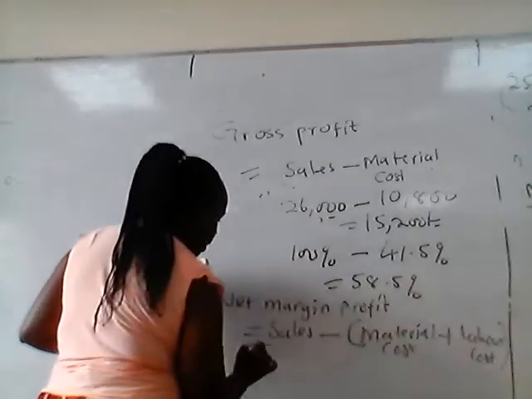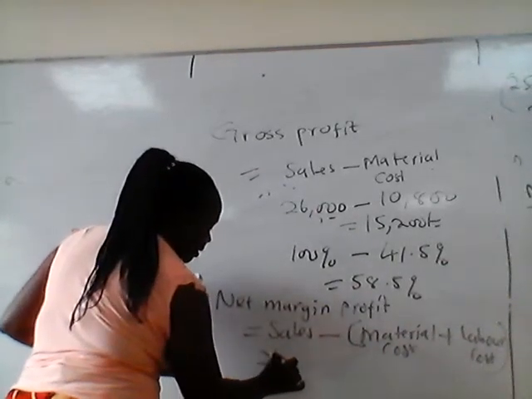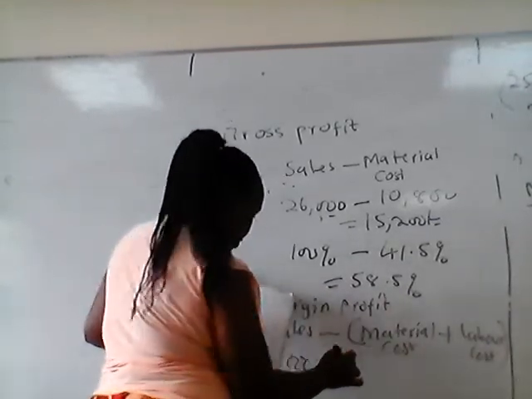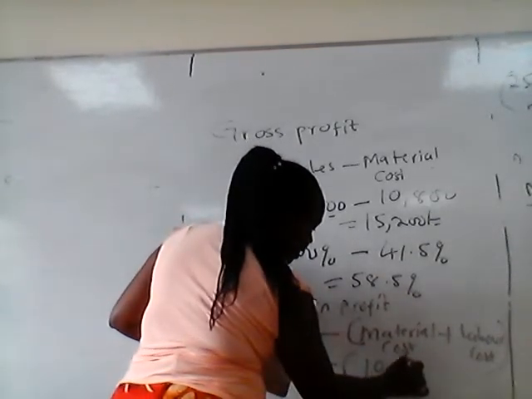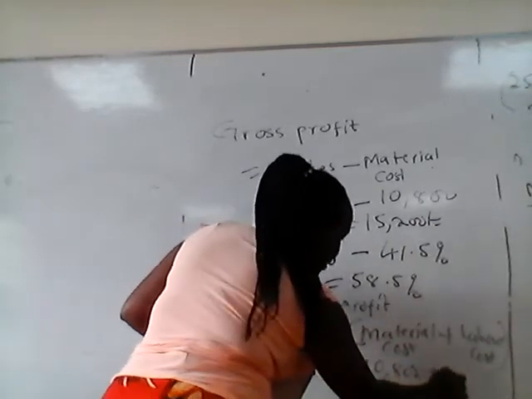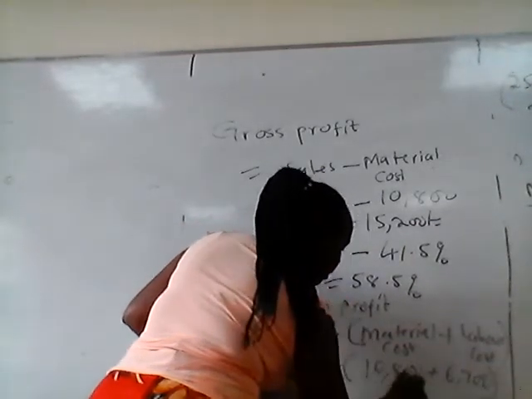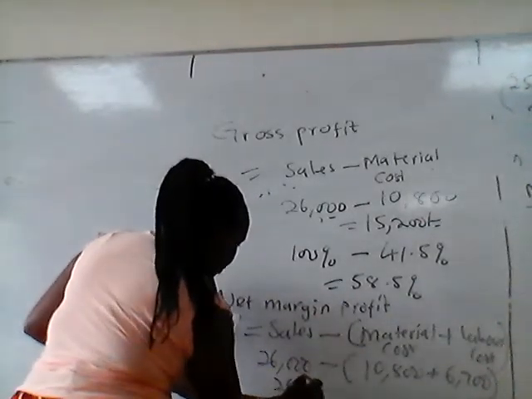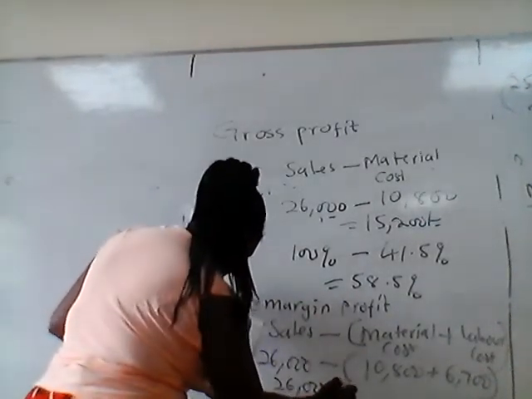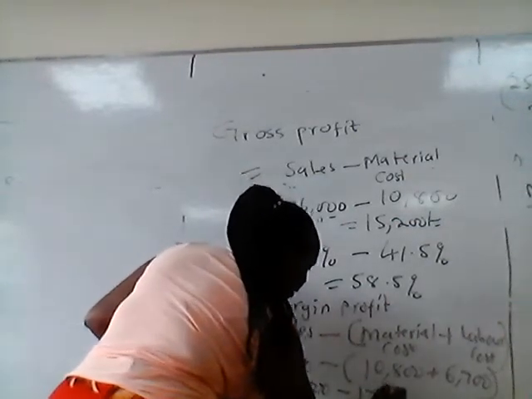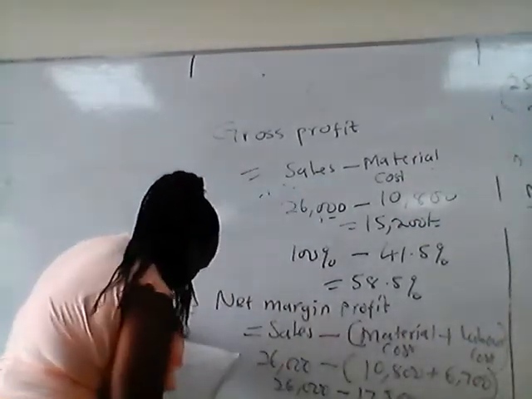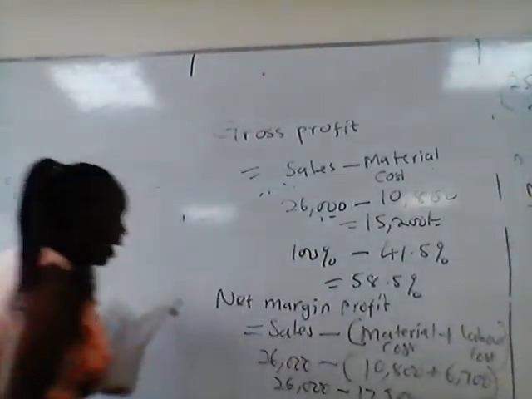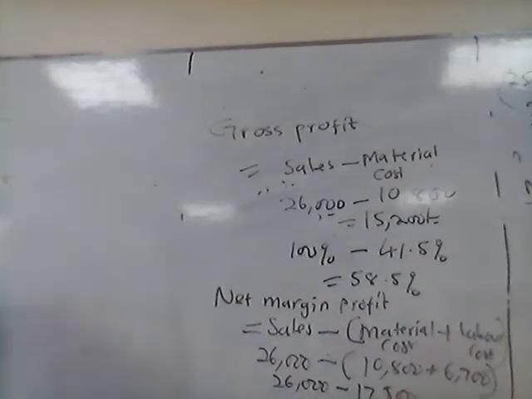So total sales is 26,000 minus, in brackets, material cost 10,800 plus 6,700. So in total, what do we get? It will be 26,000 minus 17,500. What do we get? We'll get 8,500 shillings.